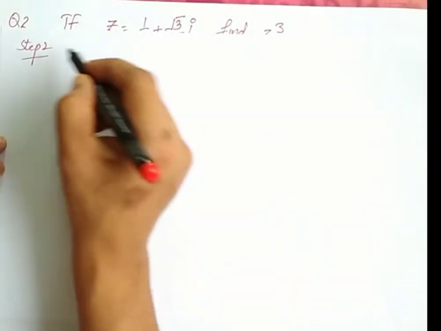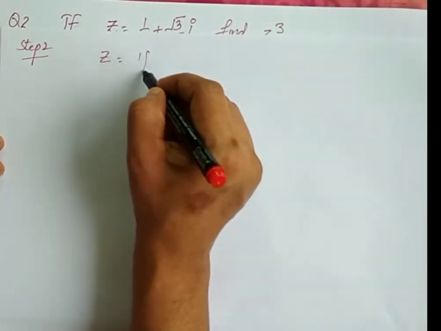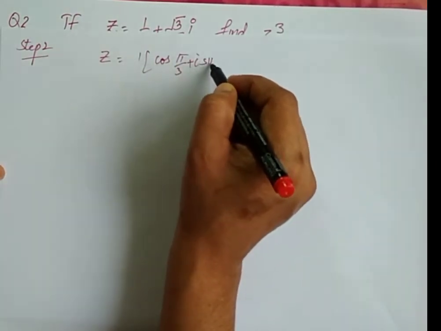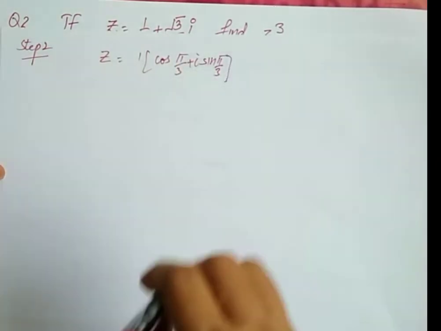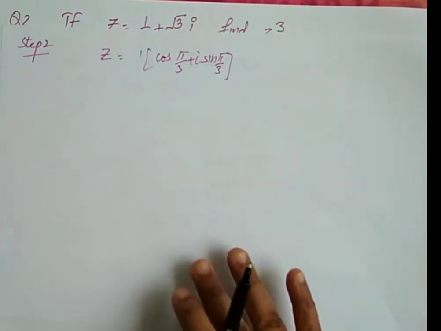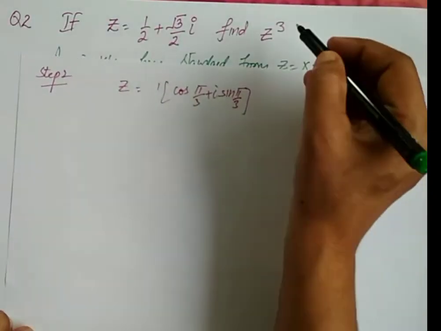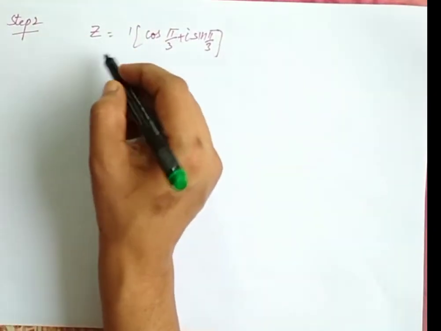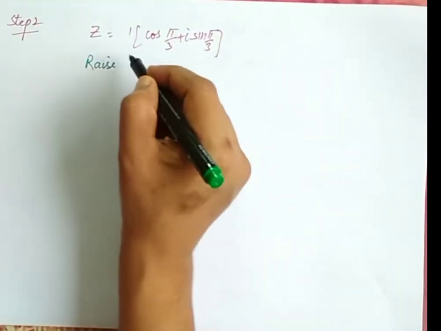So I am writing z is equal to 1 cos of pi by 3 plus i sin of pi by 3. Now, which power do we have to calculate? We have to evaluate z cube. So let us raise the power to cube on both sides.